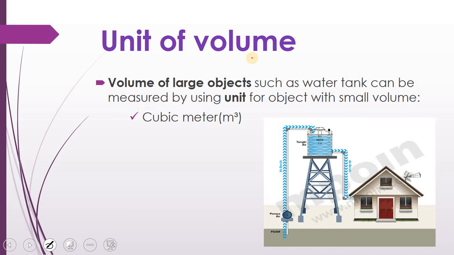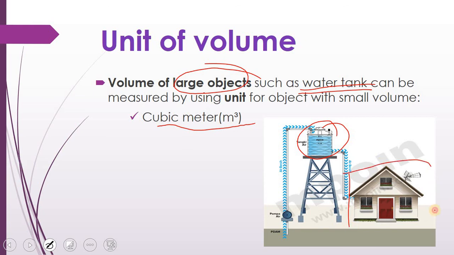When you have big object, okay, when you have large or big object, for example, water tank ataupun air tangki, you must use meter, cubic meter untuk volume. Why? Because when you look at this tank, okay, it's kind of big compare to this house.